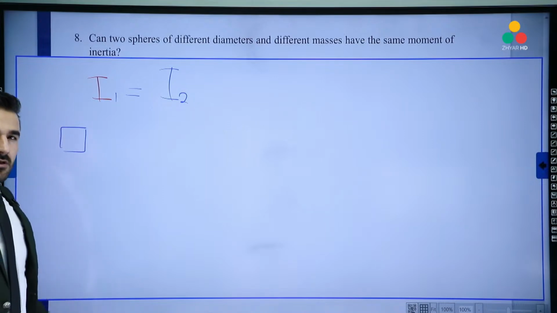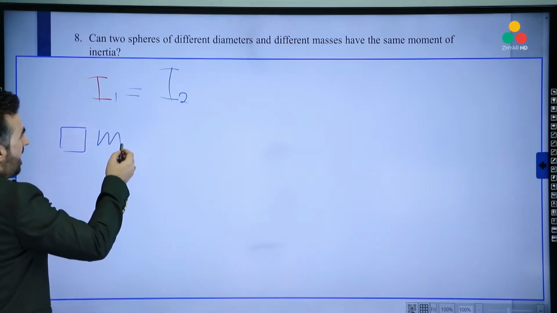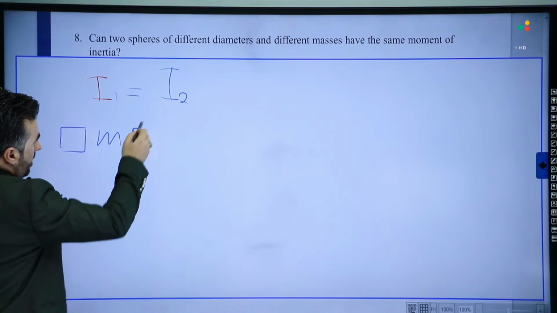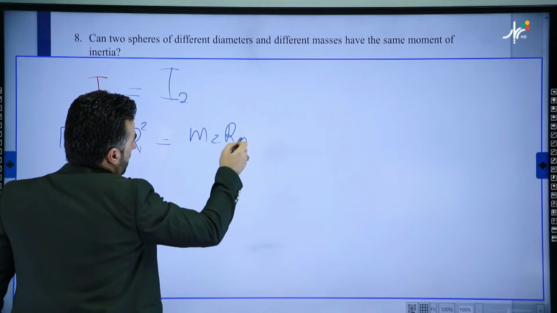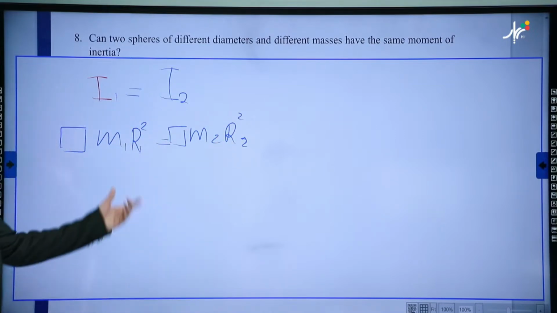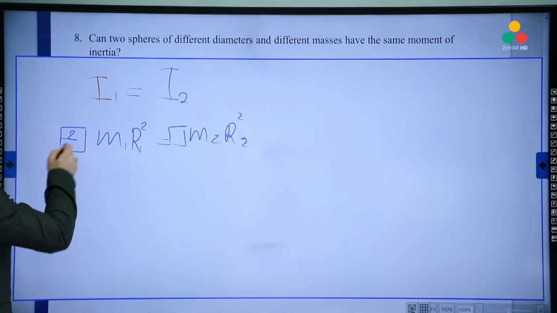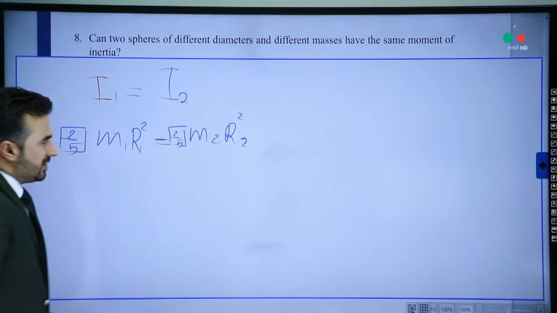They could be solid sphere, they could be hollow sphere, it doesn't matter, right? But what we know is mass 1 times radius 1 squared must equal mass 2 times radius 2 squared in this case. And of course there is a fraction here as well. If we consider these to be solid spheres, for example, of course you know that is going to be 2 over 5 and 2 over 5 as well.